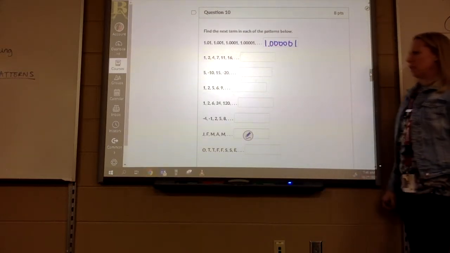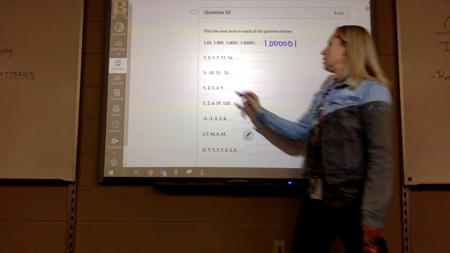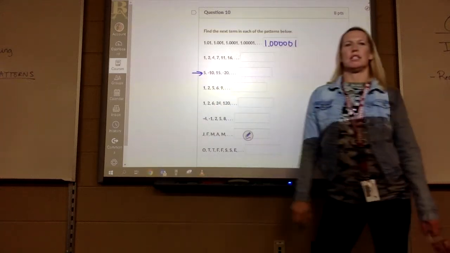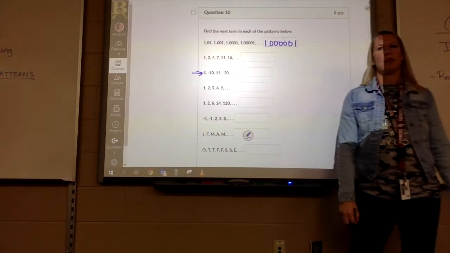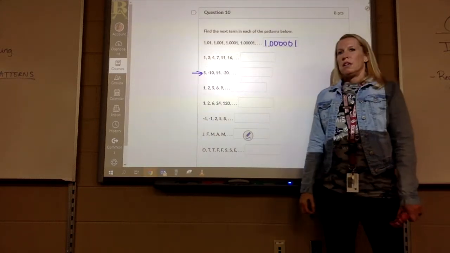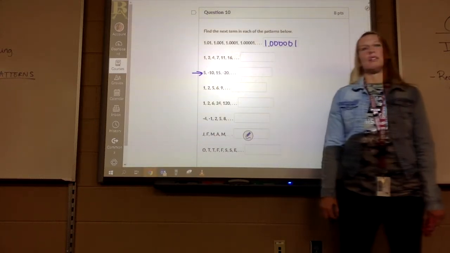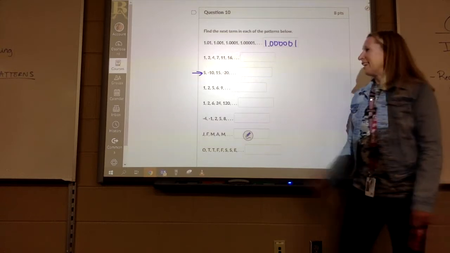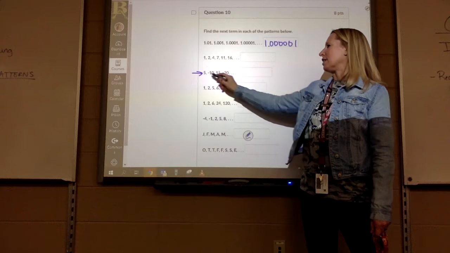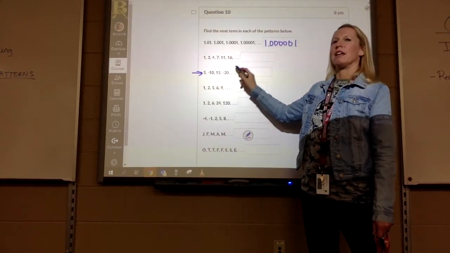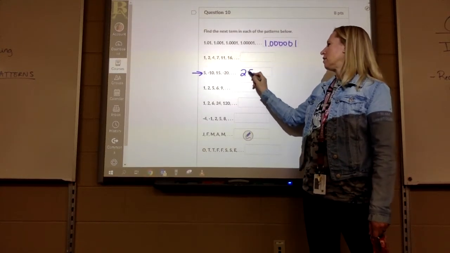Be careful when you type it in. Look at this one. For some reason each year I have people struggle with that one. What do you think? Multiply by negative 2. No. Well, not necessarily. It's just going 5, 10, 15, 20, 25, and it's going positive, negative, positive, negative, positive.